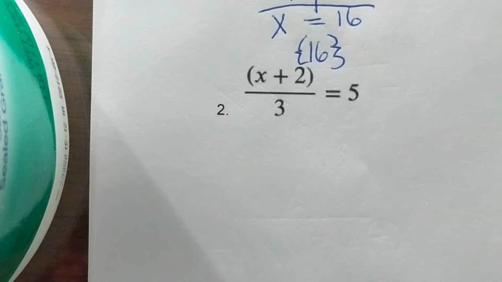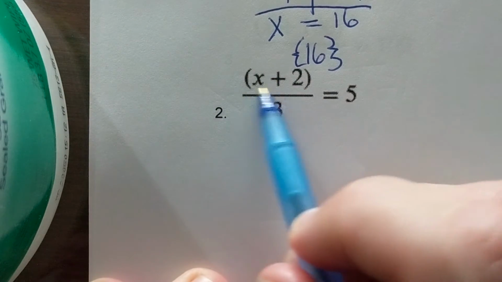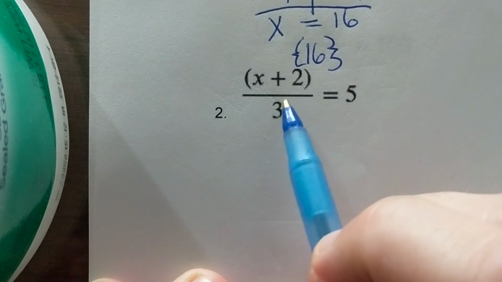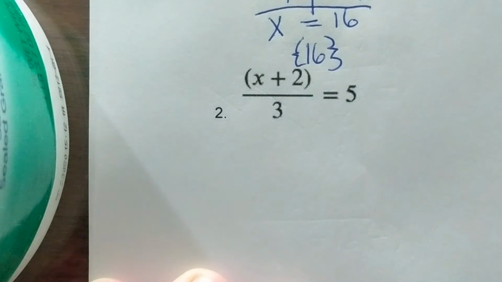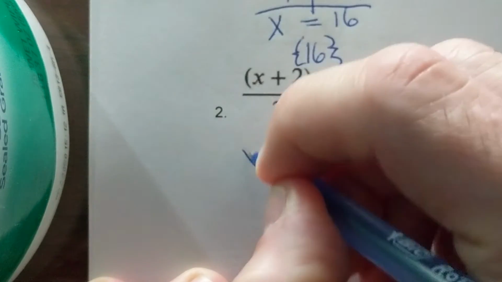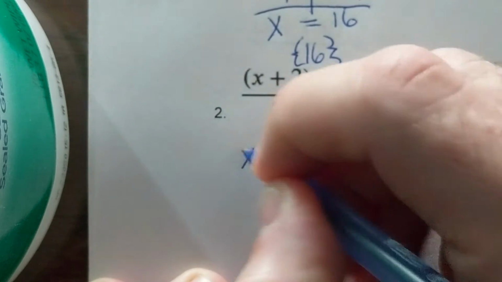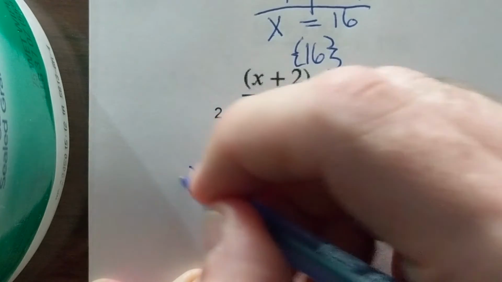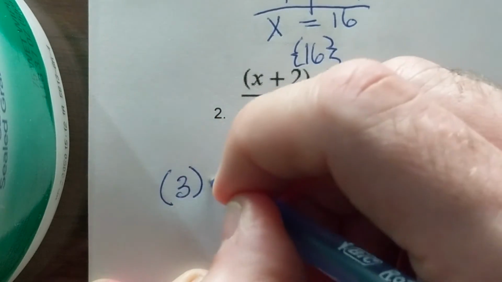Alright, same thing with number 2 here. It's a special case because we have the quantity x plus 2 divided by 3. And again, that equals 5. Because we have this entire thing in the numerator at the top of the fraction, we have to get rid of the fraction, or divided by 3, first. So to get rid of the fraction, or division, we have to multiply.